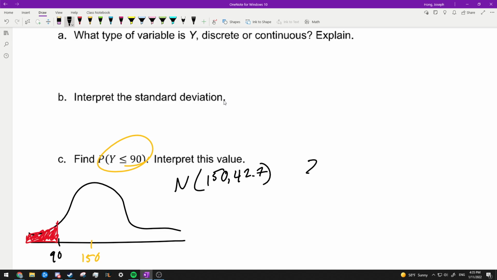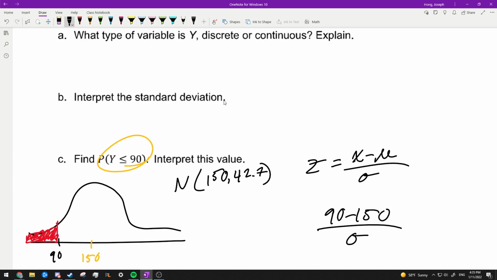So I'm going to use this formula: z is equal to x minus mu divided by standard deviation. They said 90, so I'm going to put 90 here. 90 minus 150 divided by standard deviation. I got this 150 from here. I got this 42.7, which is our standard deviation.